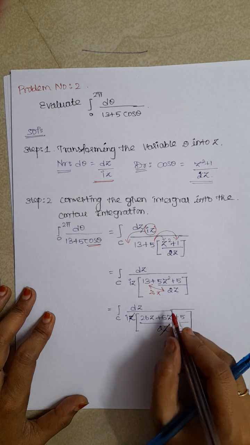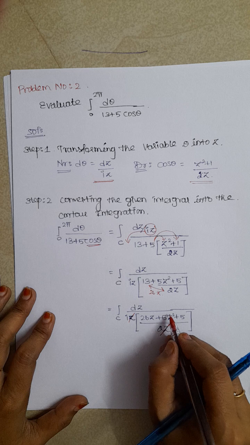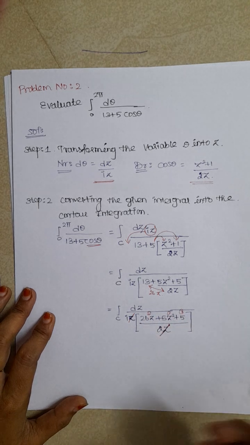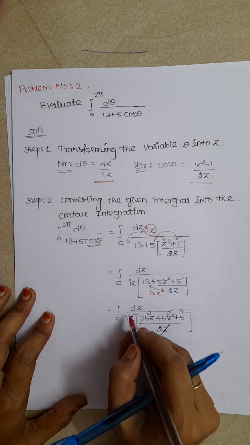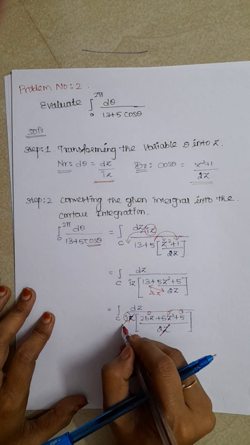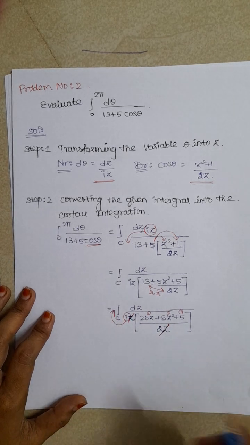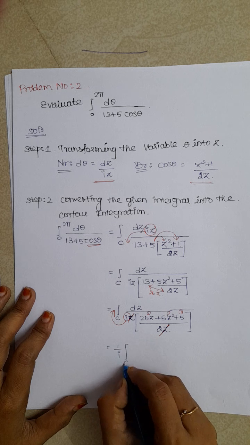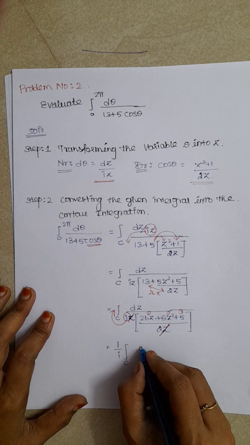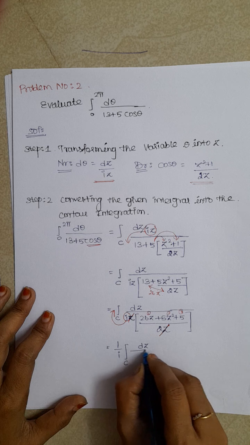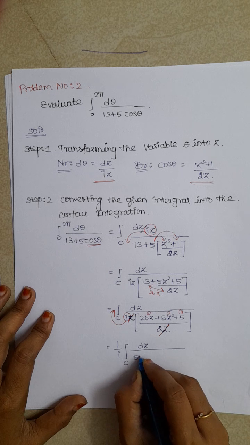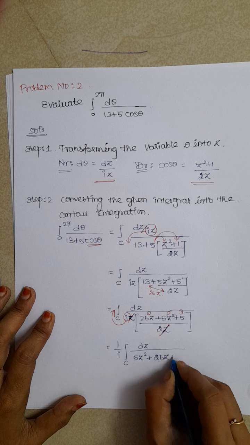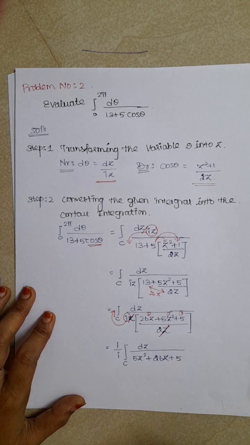You can write the next step in order: first z square, second z, third the constant term. Since i is a complex number, take it outside of the integral. So 1 by i integral over c dz divided by, written in order, 5z square plus 26z plus 5.